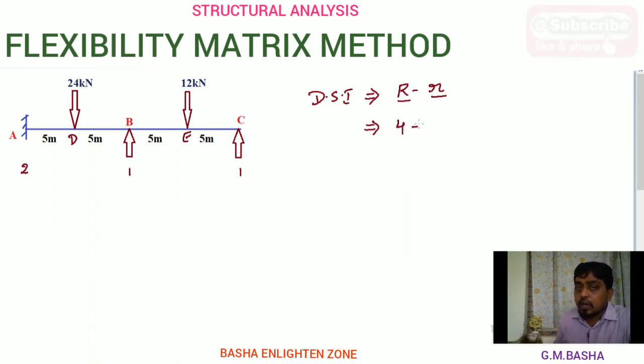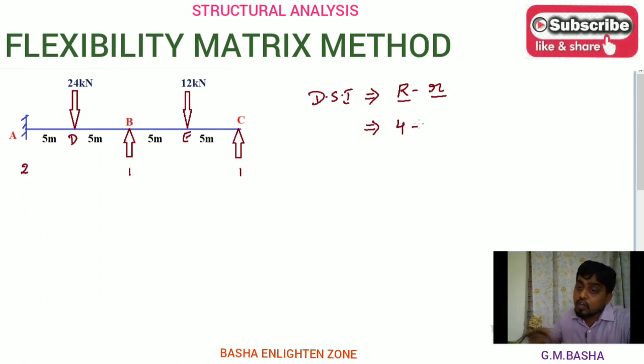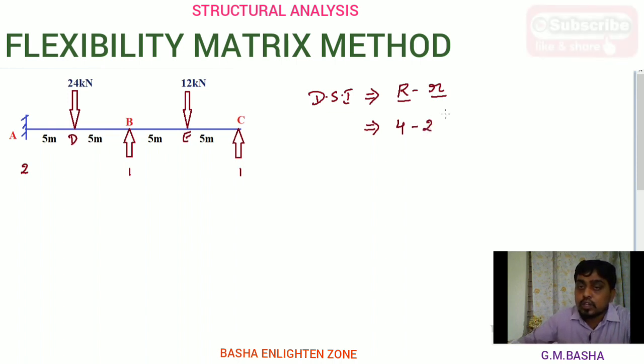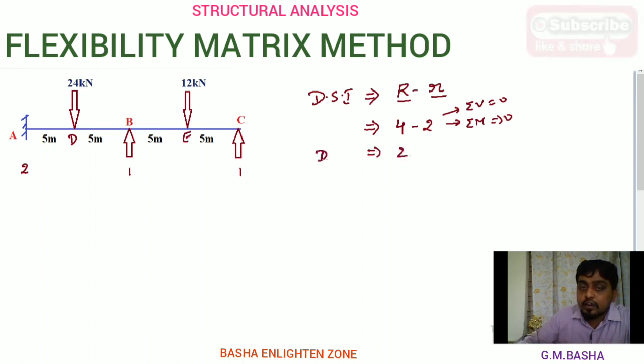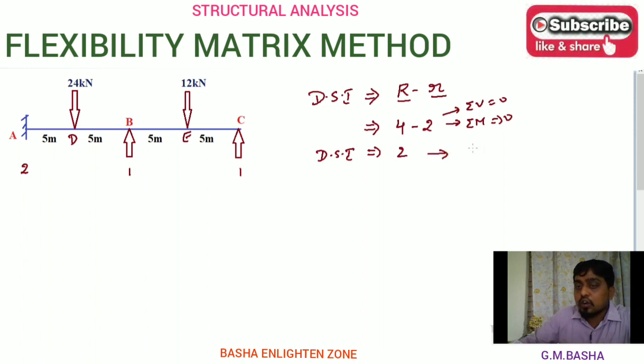We are neglecting horizontal forces, so sigma H equals 0 is neglected. Therefore, available equilibrium equations will be 2: sigma V equals 0 and sigma M equals 0. Therefore, 4 minus 2 equals 2. So the degree of static indeterminacy is 2, meaning you will get two unknown forces.